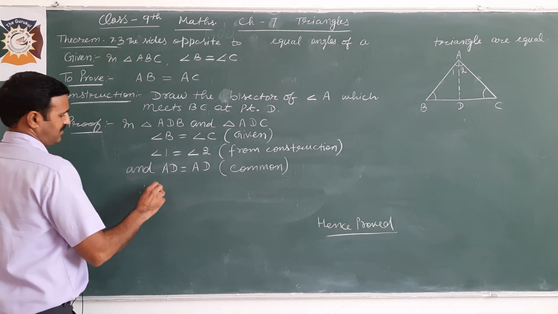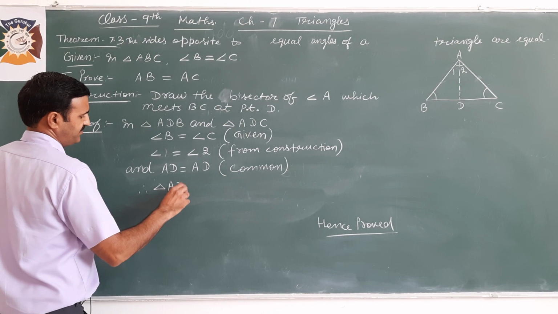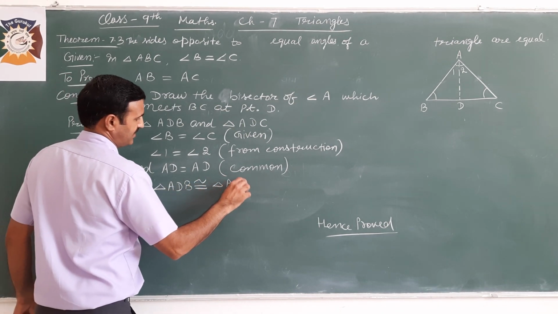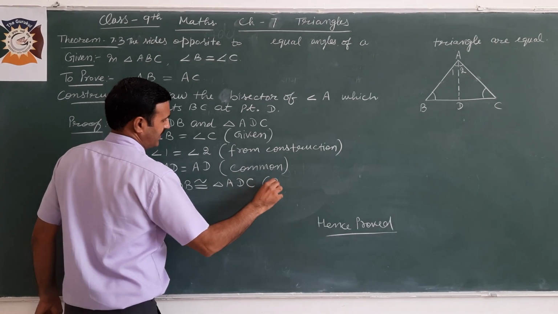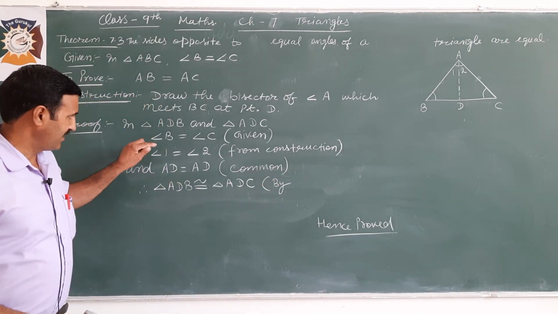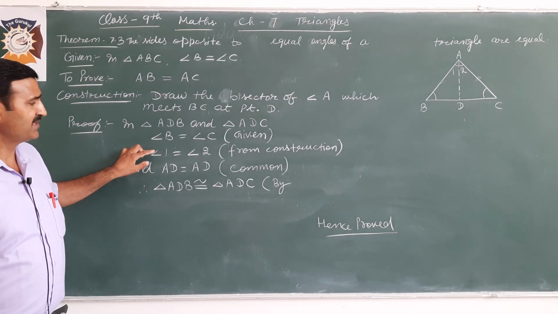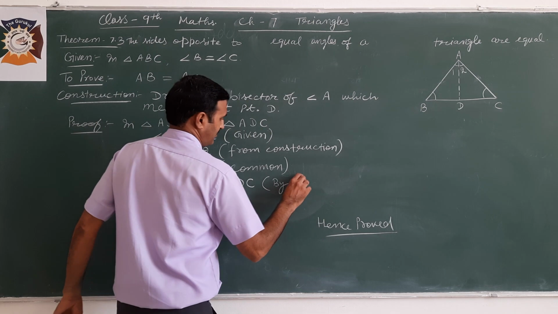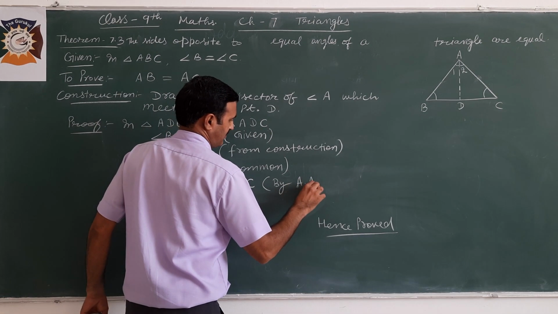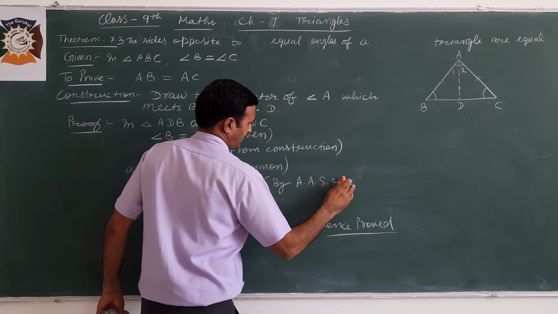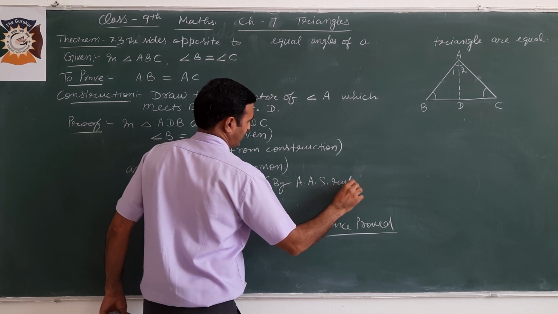Therefore, triangle ADB is congruent to triangle ADC. By which rule? By angle, side, angle rule. This rule means congruency.